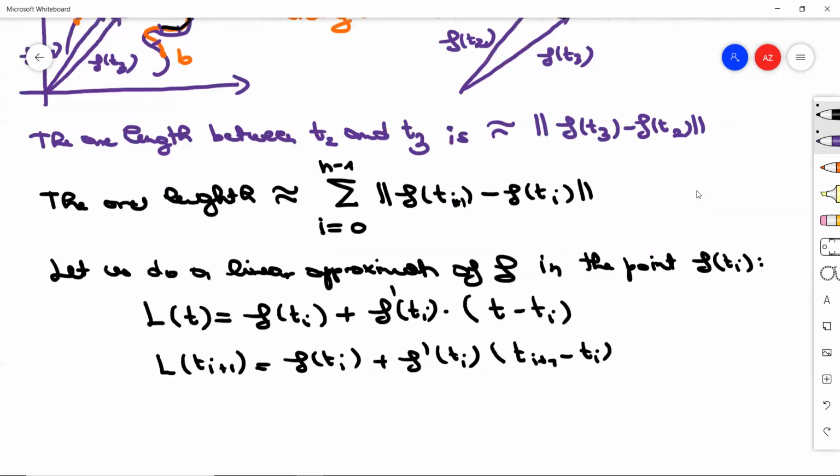And this is our approximation for f of t_{i+1}.